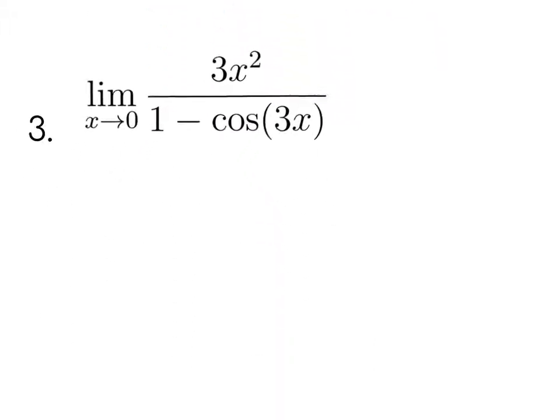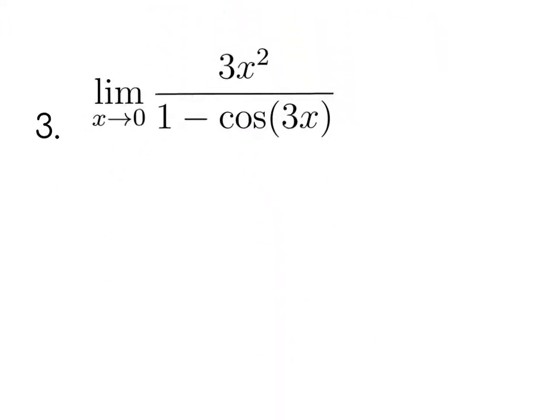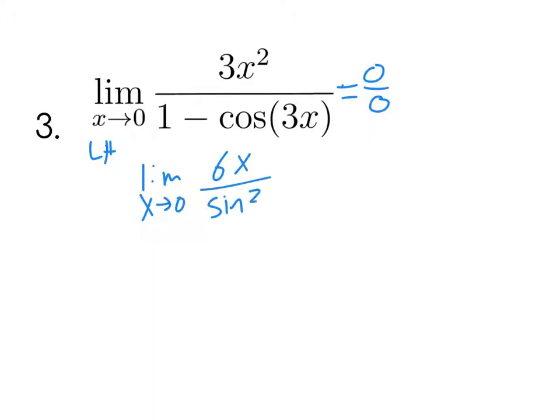For the third one, this one's going to be kind of fun. We're going to get 0 over 0 again. So we're going to use L'Hopital's rule. And we end up getting the limit as x approaches 0 of 6x over sine of 3x times 3. That's the chain rule there.